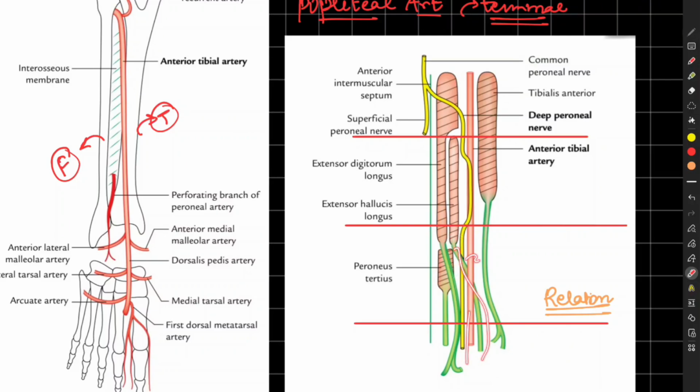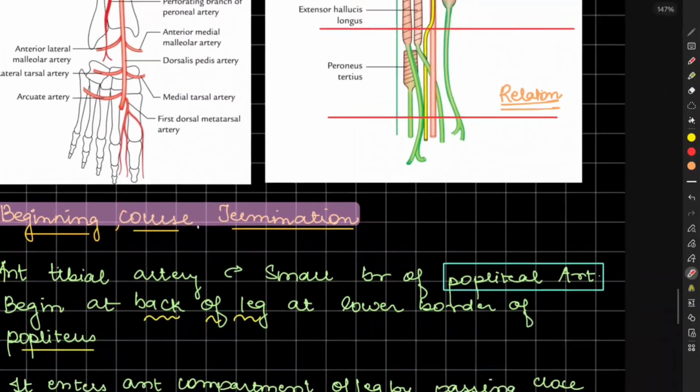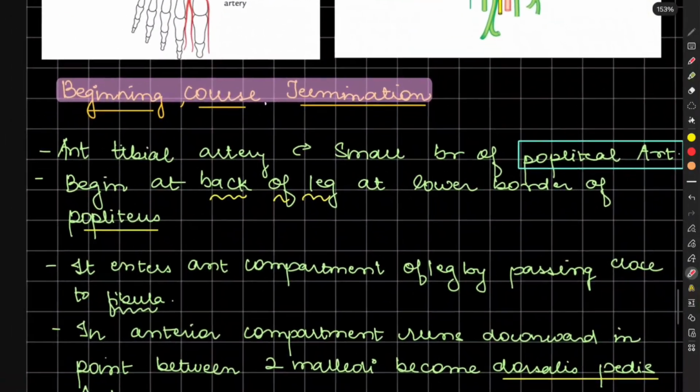You can see this is the tendon of the extensor hallucis longus, and this is of the extensor digitorum longus. So these are the relations of the anterior tibial artery.